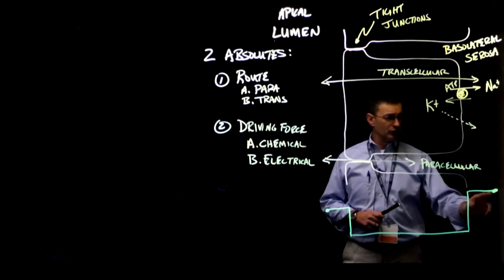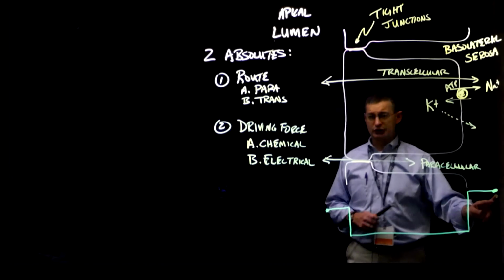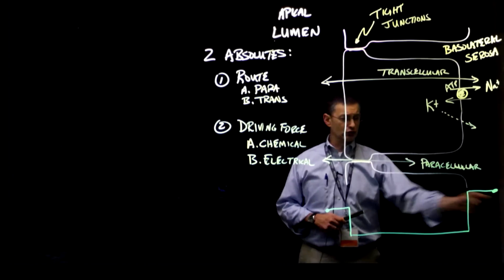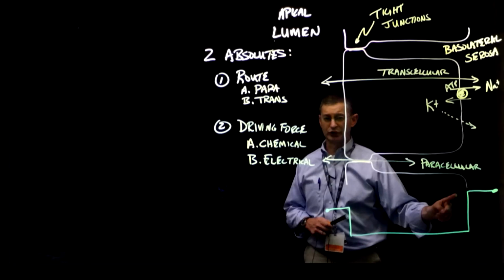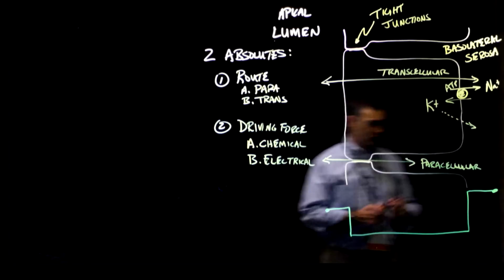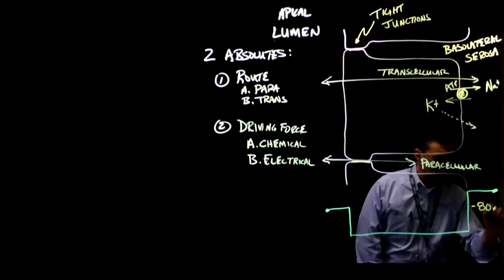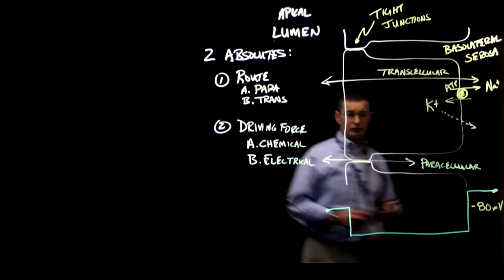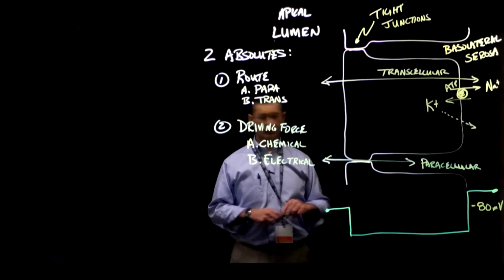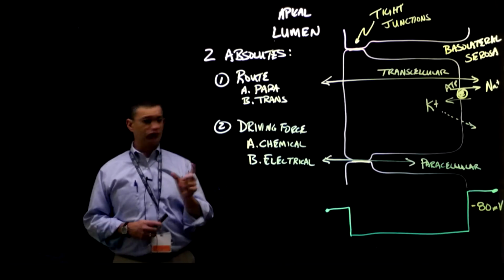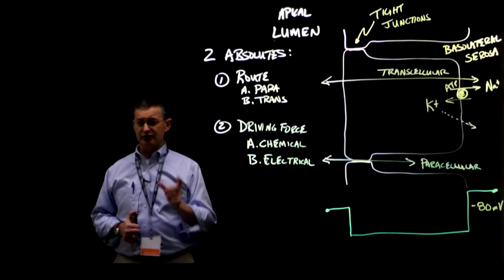If you take an electrode and ground it in the basolateral side, in the serosa, and you move that electrode across the basolateral membrane in this particular situation, you'll see that, for example, we'll get an 80 millivolt negative hyperpolarization as we cross into the cell. So the membrane potential across the basolateral membrane is negative 80 millivolts.